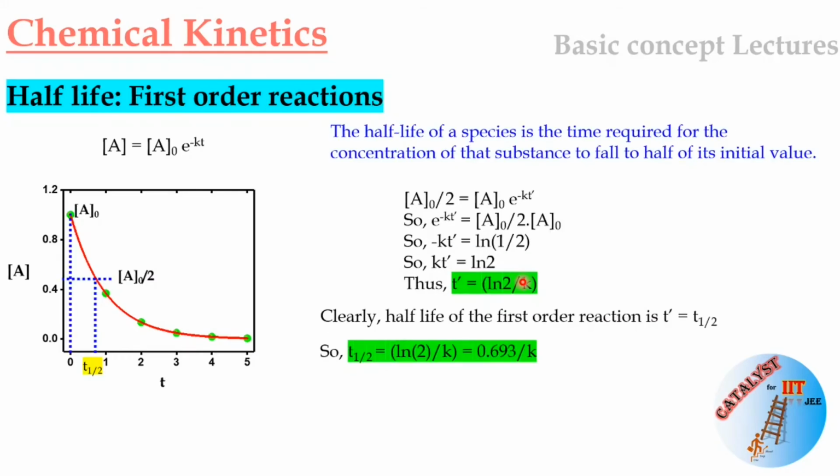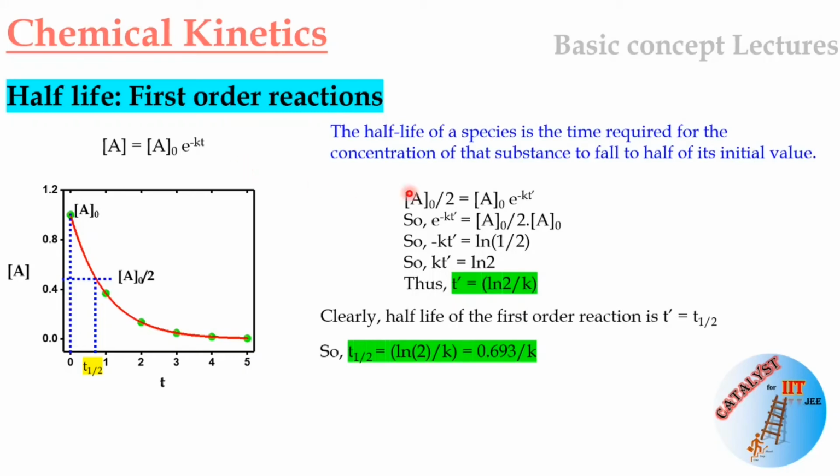Now let us look at the half-life for a first order reaction. As we have seen from the definition of half-life, it is the time required for the concentration of the substance to fall to half of its initial value. So this is the equation we are going to use to formulate the t half.